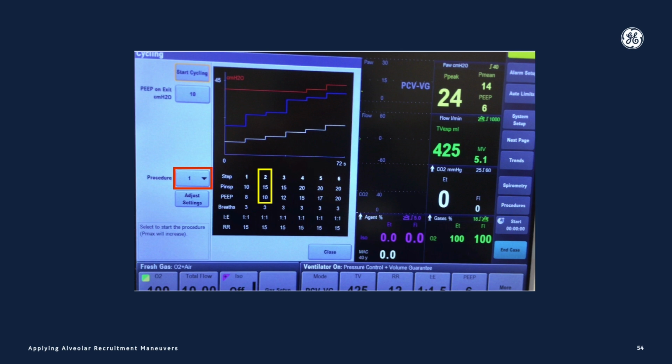During this cycling maneuver, the ventilator will continue to deliver increasing levels of PEEP and inspiratory pressure through the series of 6 steps, providing 3 breaths at each step and gradually increasing delivered pressures with each step, raising pressure gradually as opposed to a vital capacity maneuver, until the final airway pressure is achieved, in this case 40 centimeters of water.